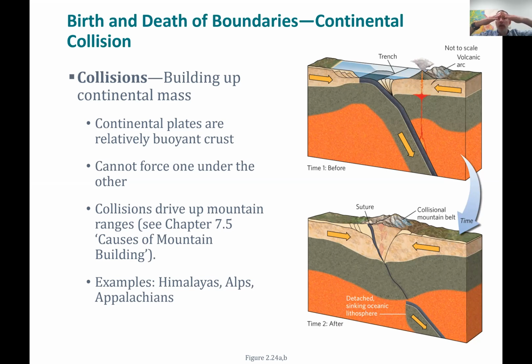And as a result, it's going to build up. We're going to talk more about this in chapter 7, but some examples of this are the Alps and the Appalachians in the past, and one that's occurring right now is the Himalayan mountains.